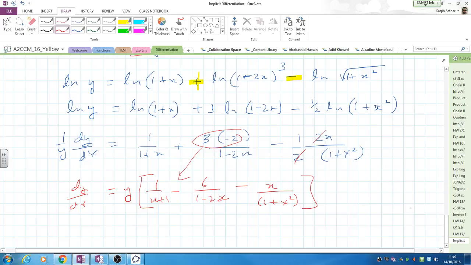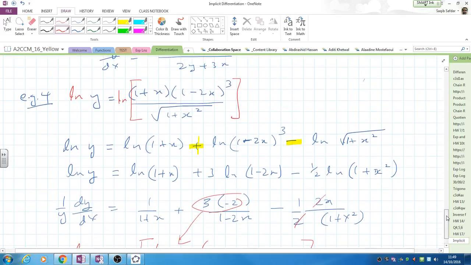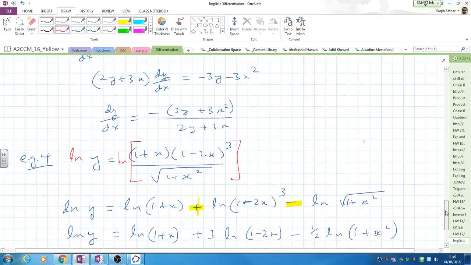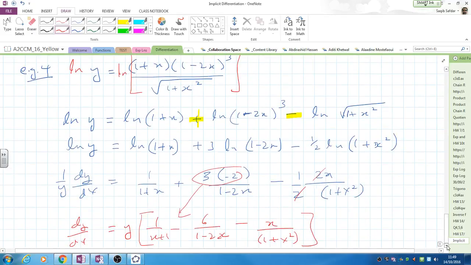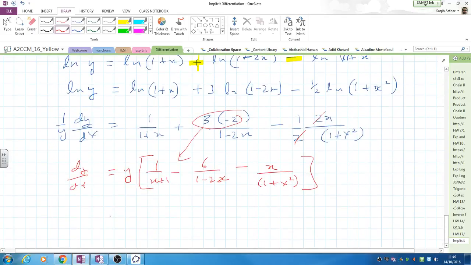Alright. Now we need to just go back to the question. Obviously, I've just said to differentiate this, but if you want it in terms of x's, we know what y equals. y was just equal to (1 plus x)(1 take away 2x) cubed divided by the square root of 1 plus x squared.